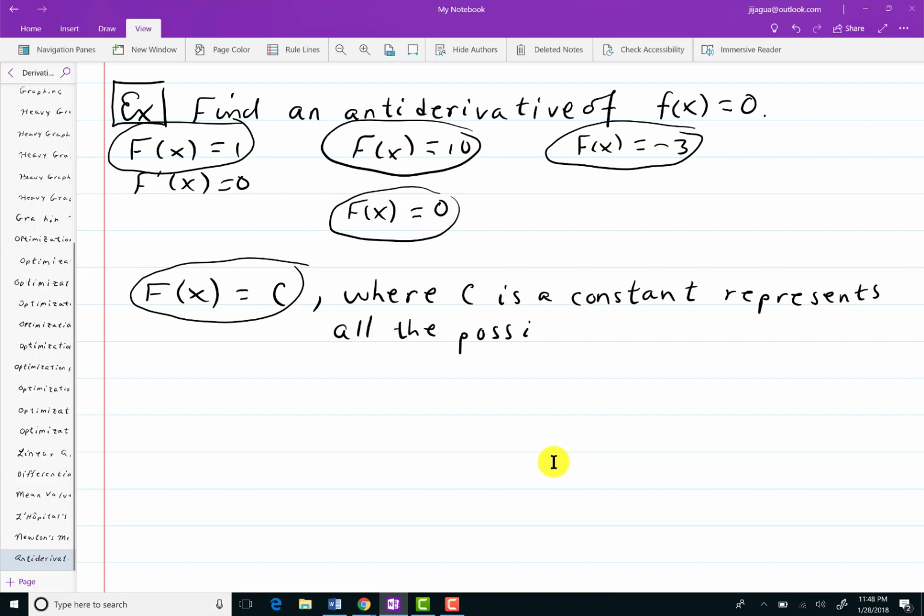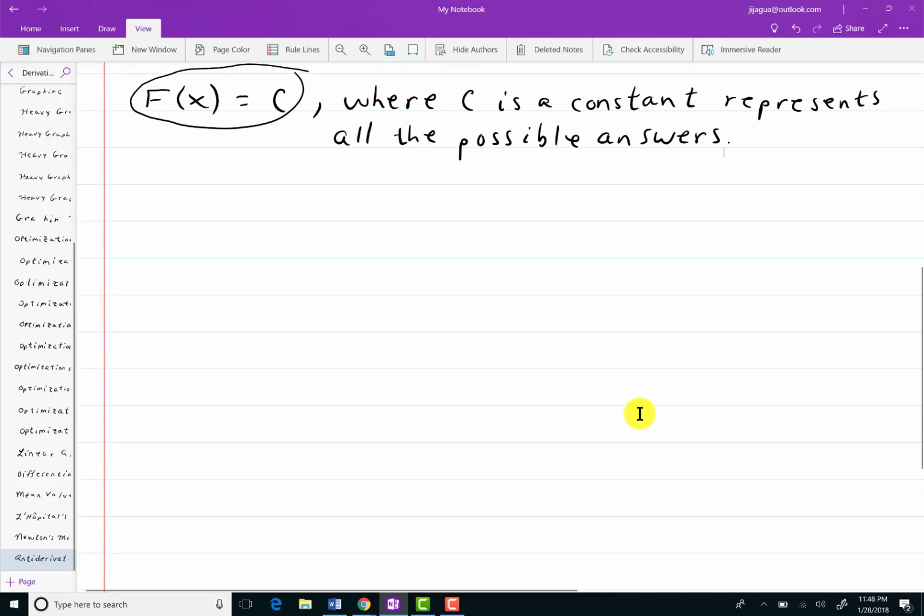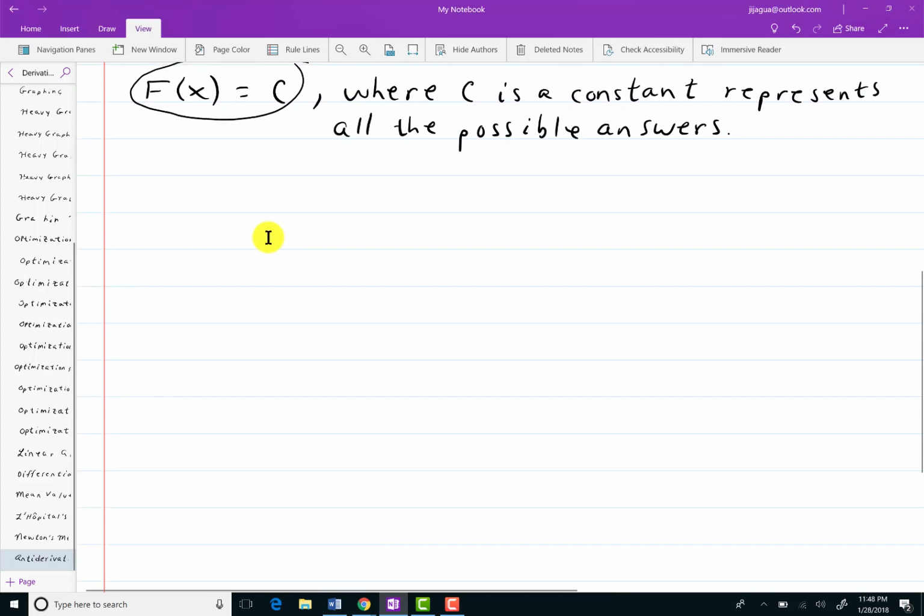So I'm writing a whole collection of answers as possible antiderivatives. That's why I said find an antiderivative. If I ask you to find all the antiderivatives, you might write F of x equals c, where c is just a constant.